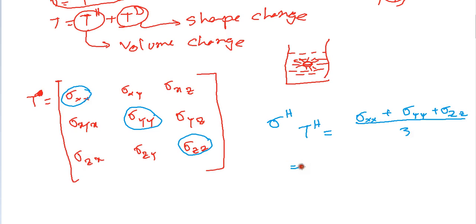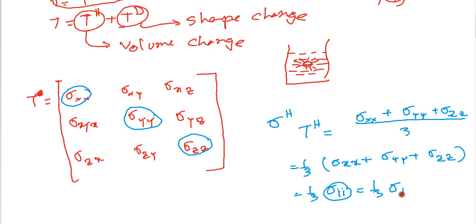So we can write 1 by 3 times sigma xx plus sigma yy plus sigma zz. From the summation convention, we can write sigma ii or sigma kk, doesn't matter at all.